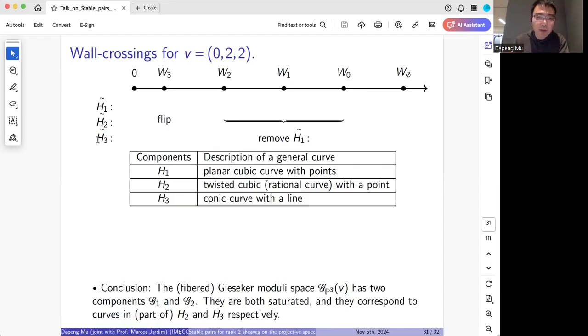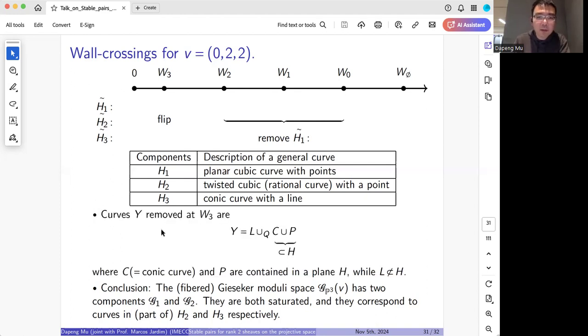So one component corresponds to a general curve in H2, and one component corresponds to a curve in H3. Here I said corresponds to curves in part of H2, because there's a flip for H2.